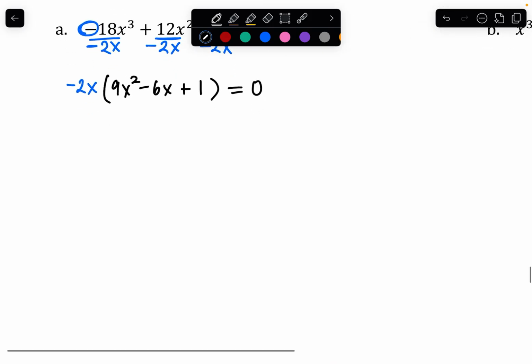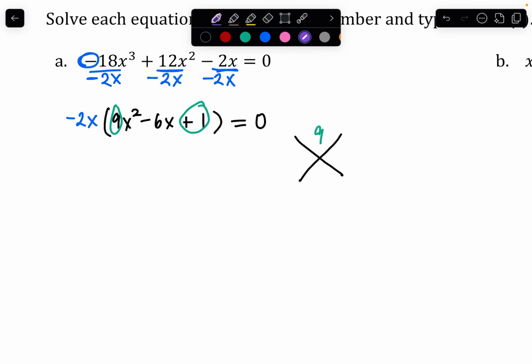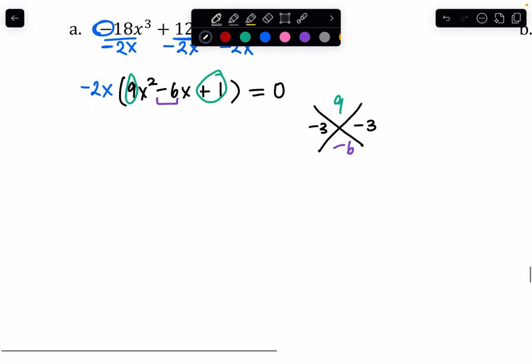Okay, and so now we have a quadratic to factor, and so we need 2 numbers that multiply to a times c, which is 9, but add to negative 6. Those numbers are negative 3 and negative 3, so I know I'm working with a perfect square trinomial. And so we have to split the middle with that.